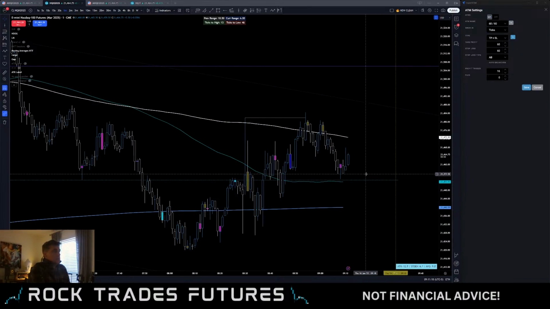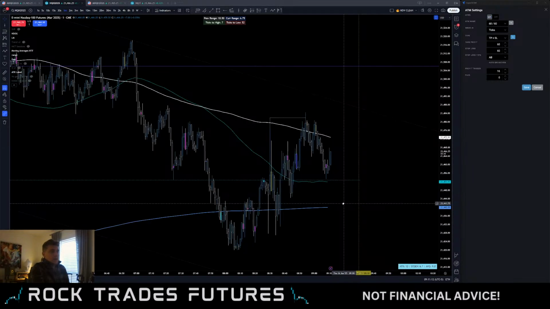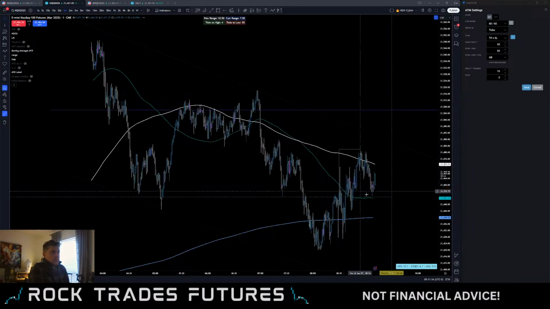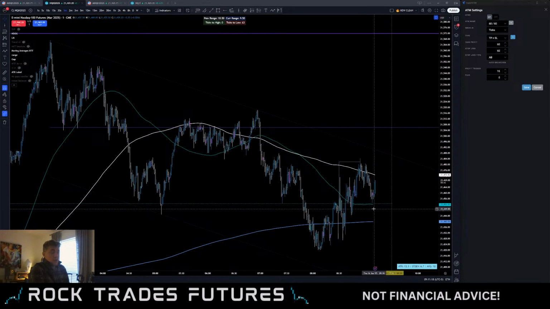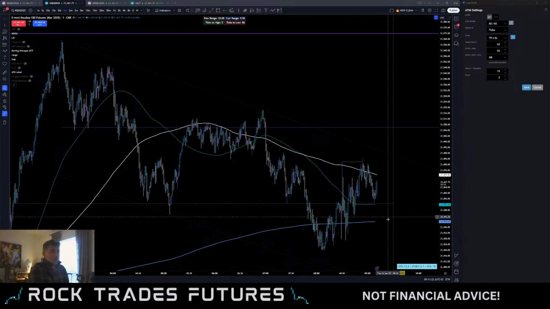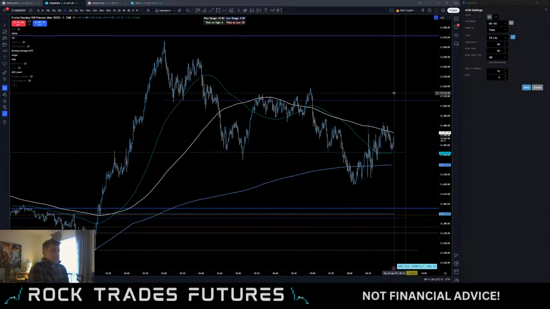Let's see. One quick moment here. Both of these moving averages are flat, which is good for a great upcoming move. It's not good for predicting the direction of the move. We are above these moving averages, so slight leaning towards the upside.